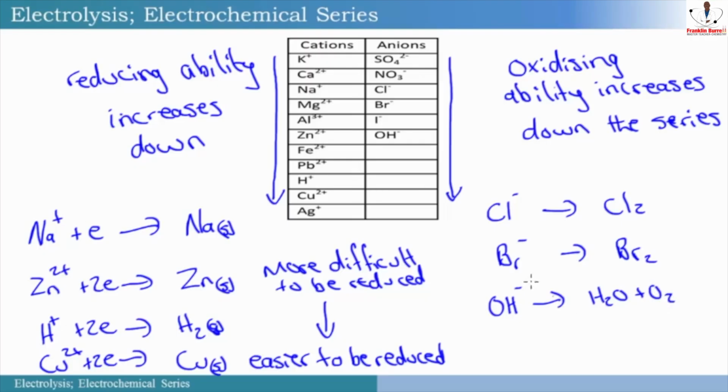Now remember that electrons are being lost on the anion side. So let's do our half equation. Let's balance the mass first and then we'll balance the charge. So here I'll put 2 here to balance this 2 here. And if I have mass balance, in order to have charge balance, I must put 2 electrons here.